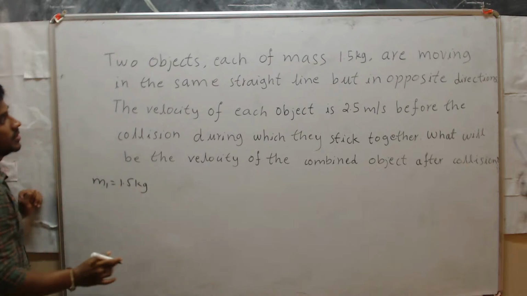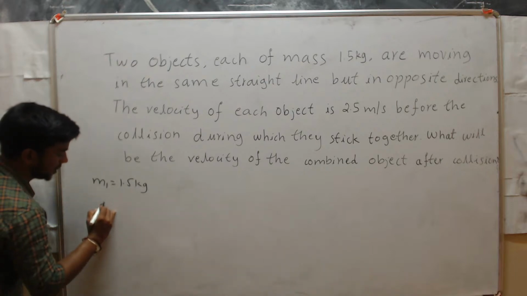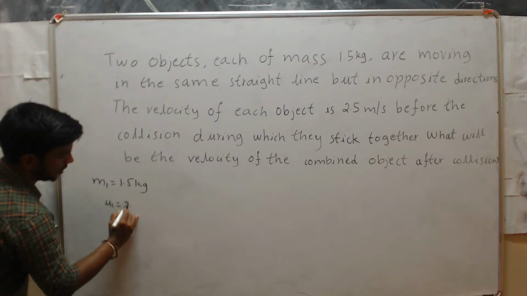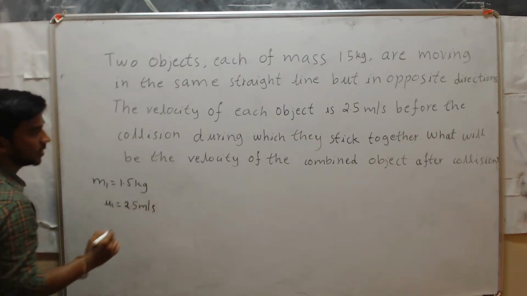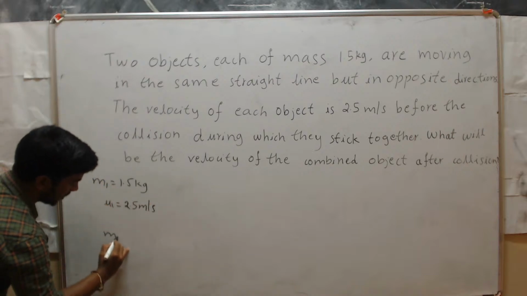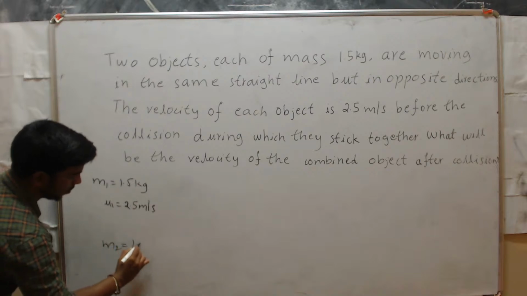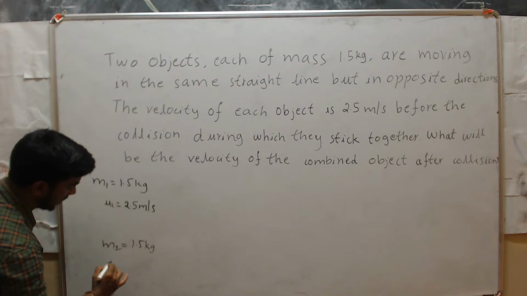Then, straight line but in opposite direction, the velocity of each object. So I'll take the initial velocity of that object, U1, that is 2.5 meter per second. Next, another object, take it as M2 is equal to 1.5 kg, and that object is also moving with the same velocity, right? So that is U2 is equal to 2.5 meter per second.